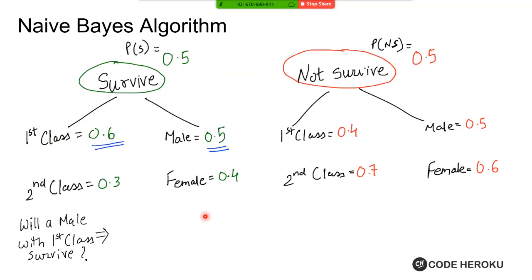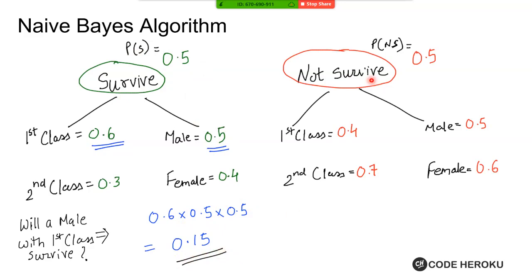And if you want to formalize it, this is how you would do the math. What you would do is take the chances of them surviving in first class, multiply that by them being a male, and then multiply with the overall probability of surviving, and that will give you the likelihood of 0.15.